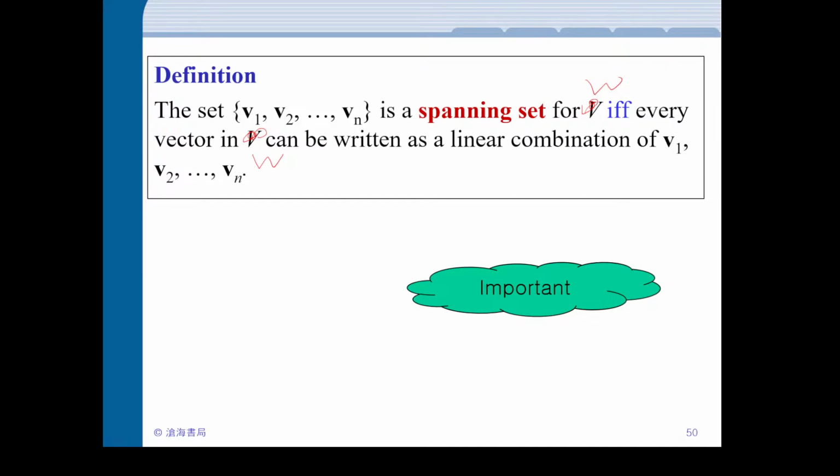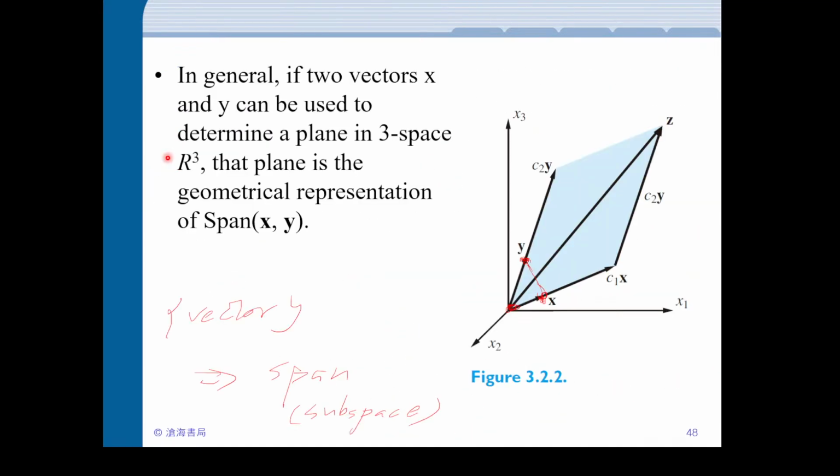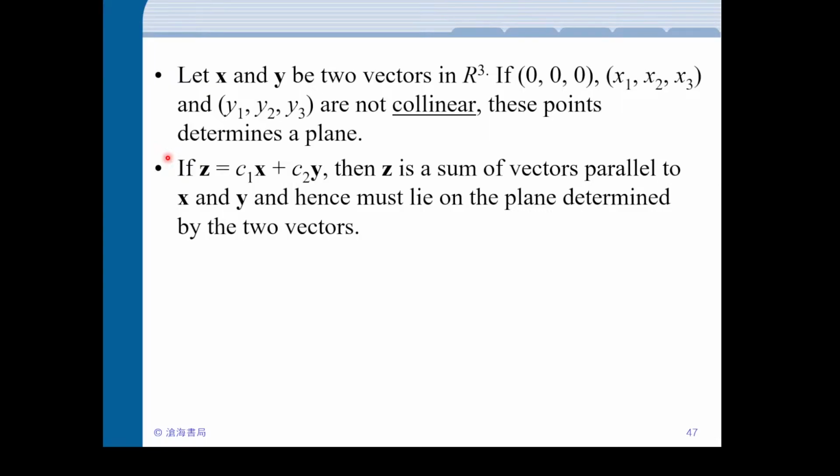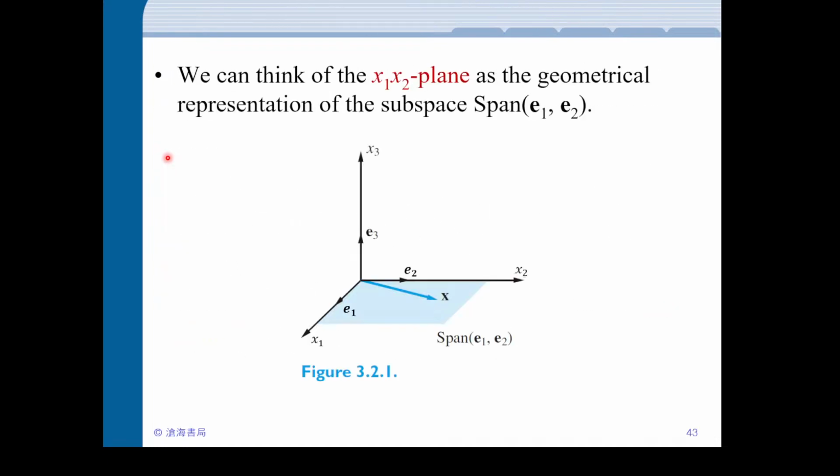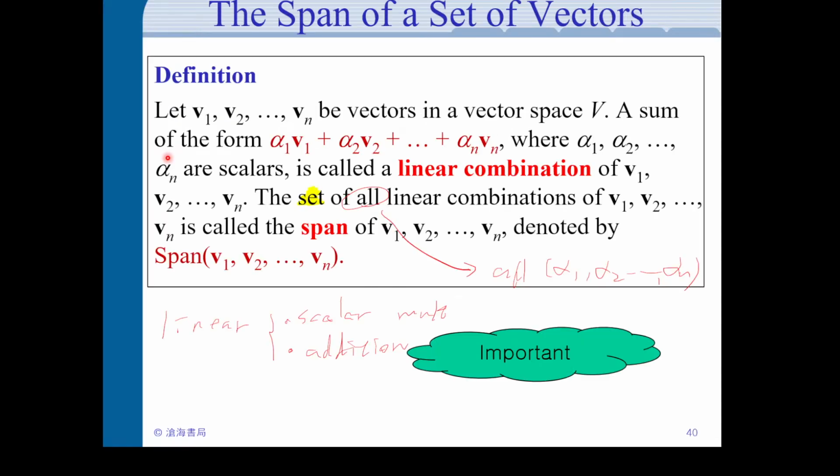By looking at the definition, it might look a little redundant, because we already defined how a set can be spanned by a whole bunch of vectors, right? Let's make a distinction.